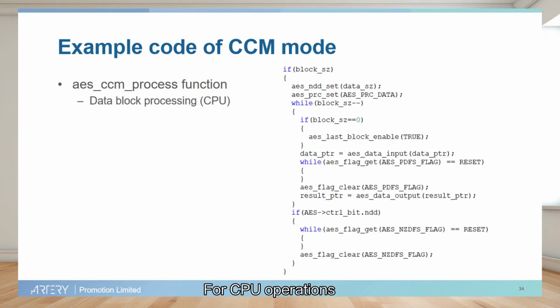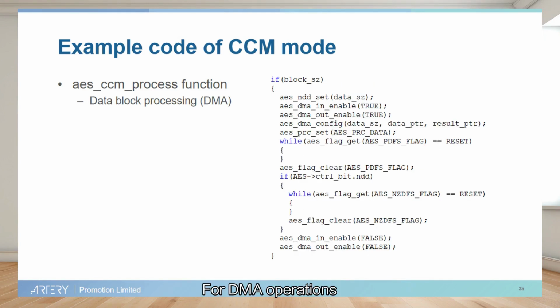For CPU operations, the function is used to write and read data blocks one by one. For DMA operations, enable DMA read or write to access data from a specified address instead of writing or reading data one by one. After AES processing is done, disable DMA.